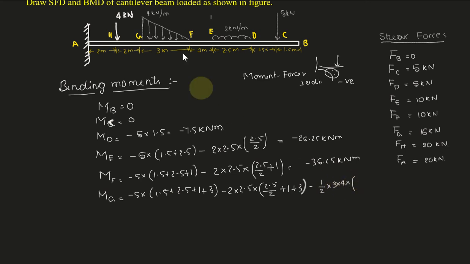The centroid of this triangle is located at base by 3, 3 by 3, so from the tail it is 2h by 3. I hope you are aware of it from our previous discussions. Of course the answer is correct: minus 72.25 kilonewton meter.